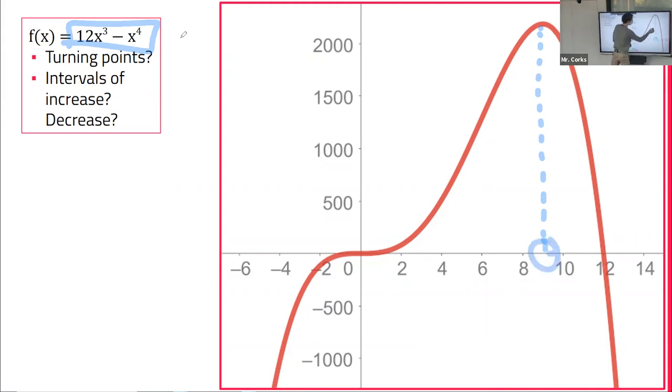9-ish. So around here, we have a turning point. -2, you see the graph turning at this point. Turning points. Okay, let's think again. What is the definition of a turning point?